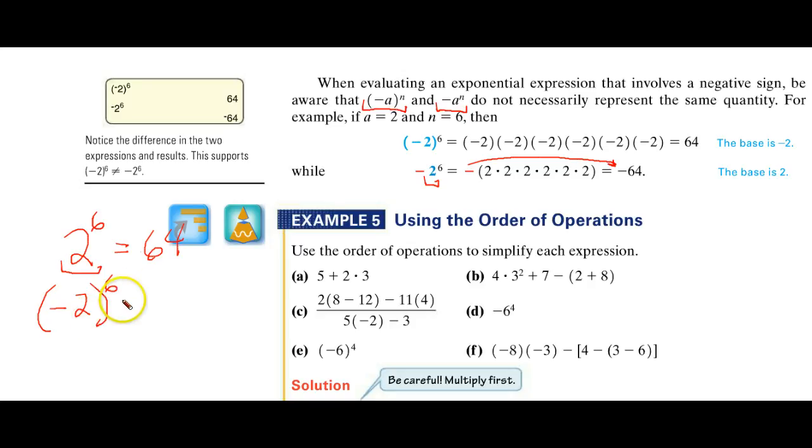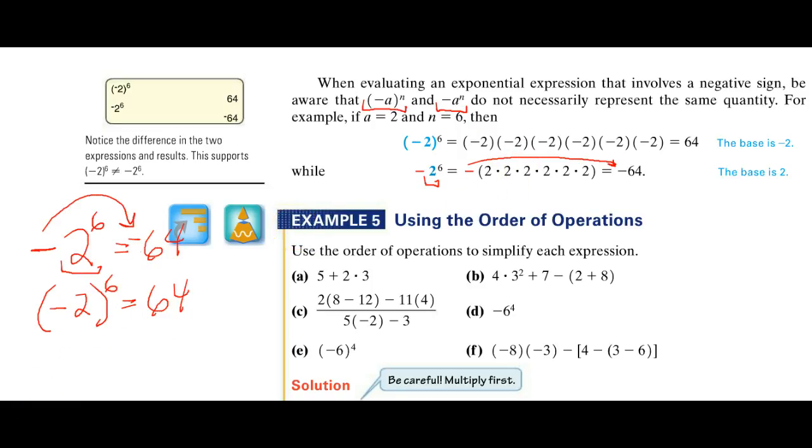And this is a positive 64. But if we put a negative sign in front of this one, as you expand this, it becomes 64. Then we apply the negative sign, so that would be a negative 64.